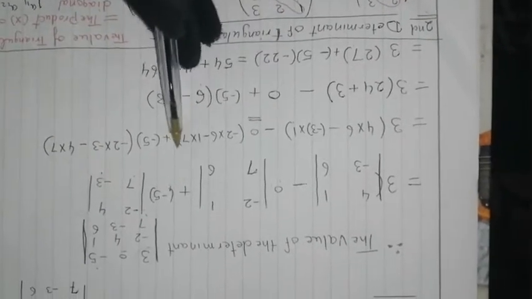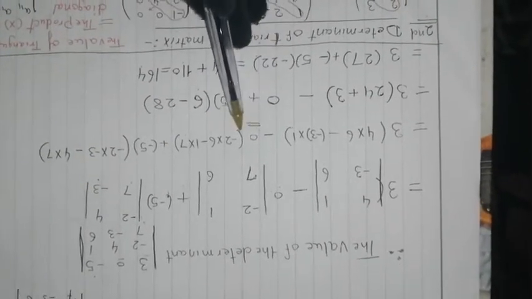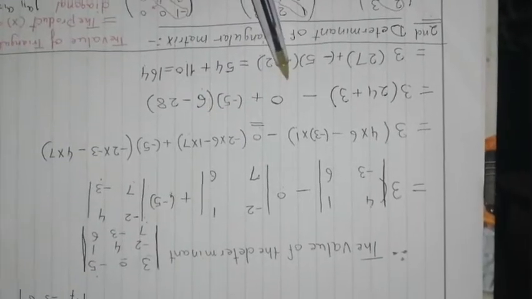The middle term equals 0 because 0 multiplied by any number equals 0.